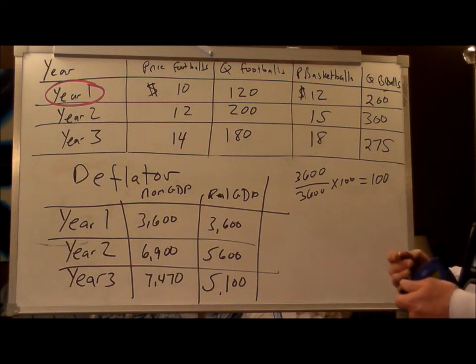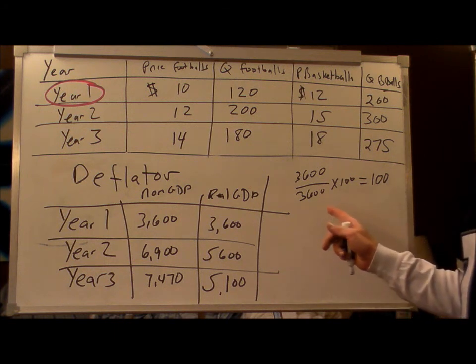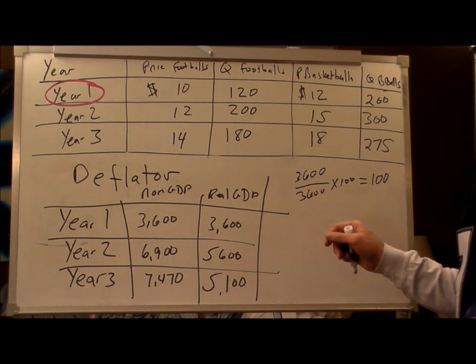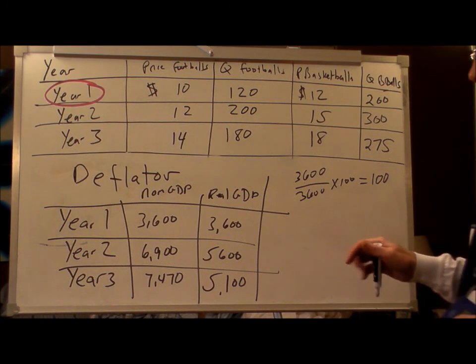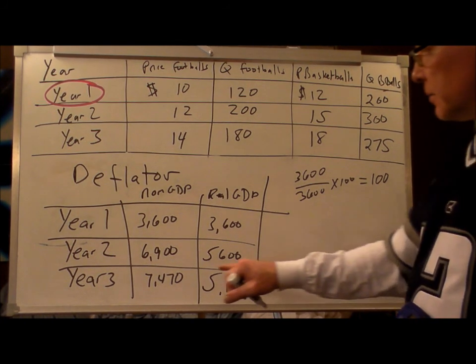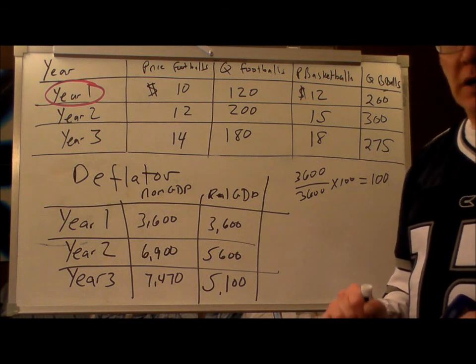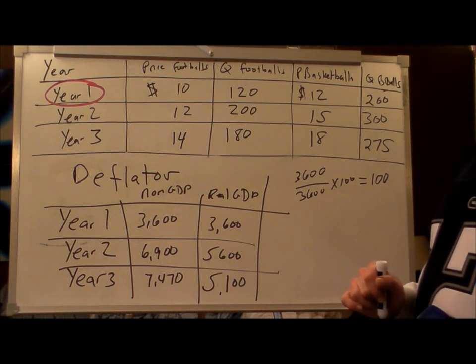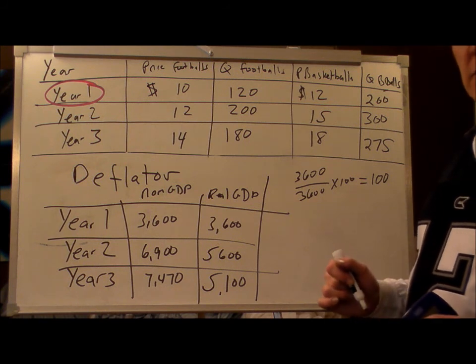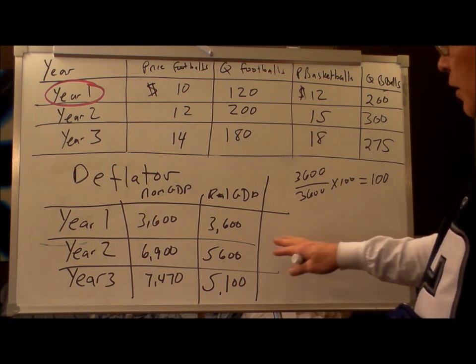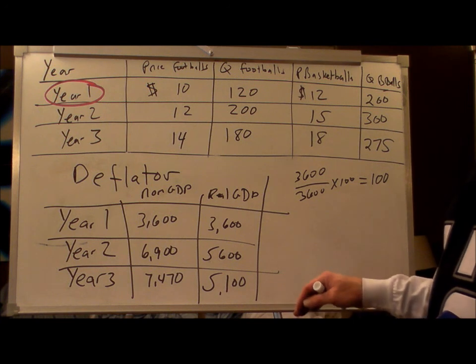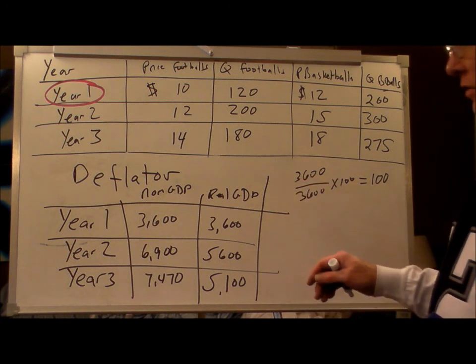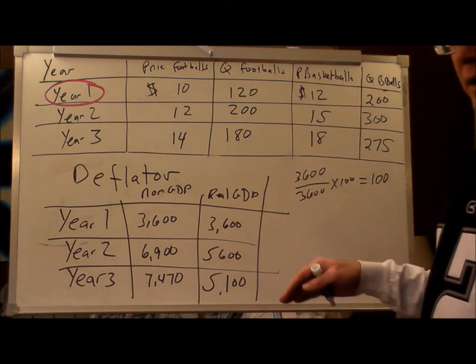And then moving forward, the GDP deflator will have a value greater than 100 as prices increase. Prices don't always increase, but they generally do, and they have been over the past many years, so we're going to see a deflator above 100 as we move on into the future from the base year.